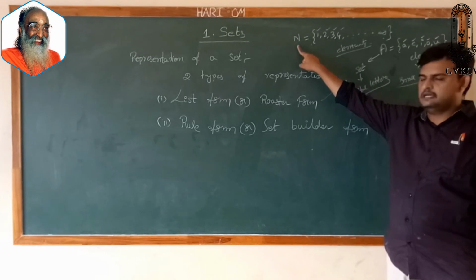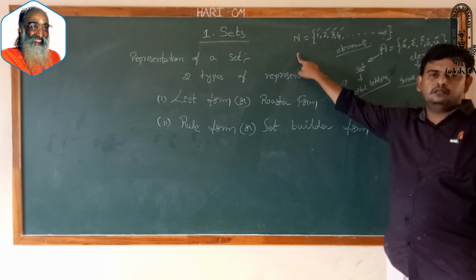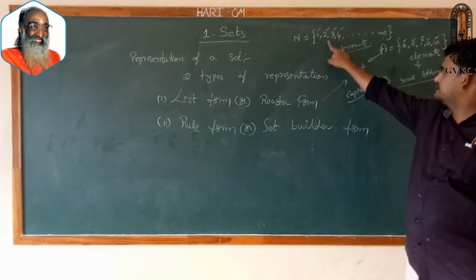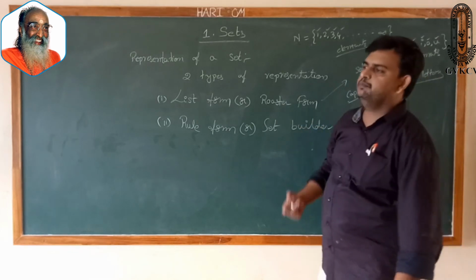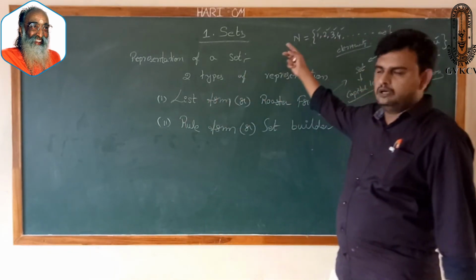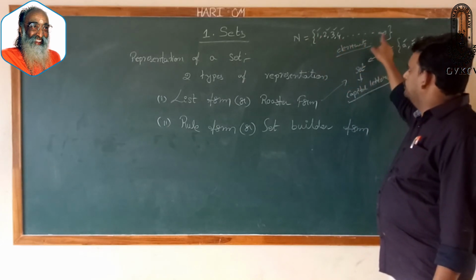Now here N represents the natural number set. What are the elements in the natural number set? Easily we can say 1, 2, 3, 4 and so on. Even uneducated people can simply say 1, 2, 3, 4 and so on.